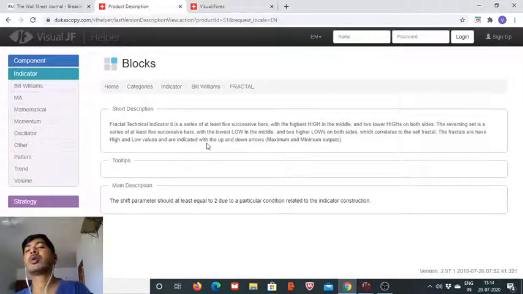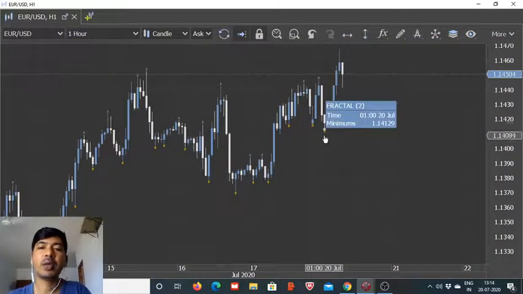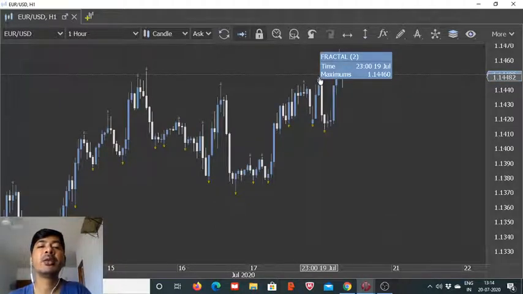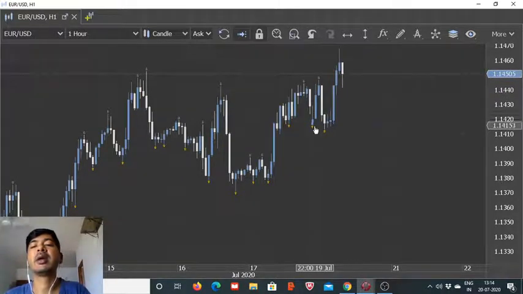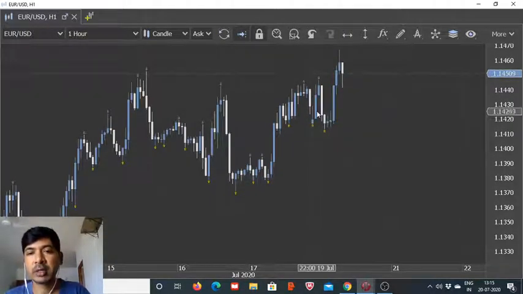And what this suggests when we use it on the chart is that when you see a new fractal low or a new fractal high has been formed, it gives us a turnaround point. When the prior as well as the successive candles have a higher value, if we are considering the low value, then as you can see here, this minimum was formed on 21 GMT of 19th July, so that is today's session only.